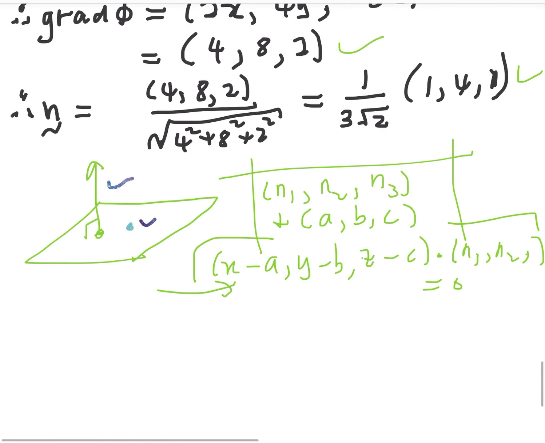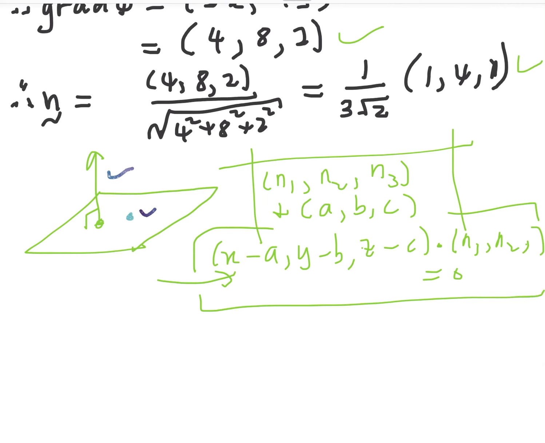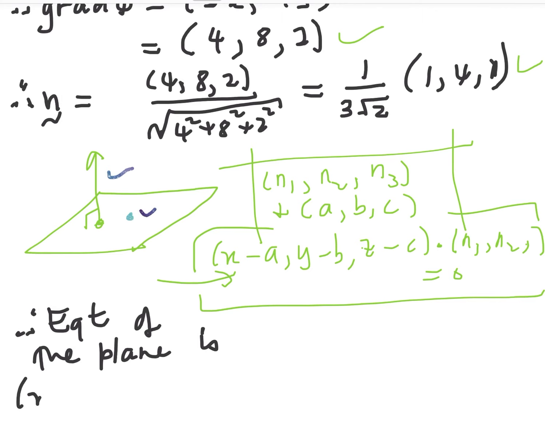So in this example, what this means is, therefore, the equation of the plane is x minus, we're now writing down the coordinates of the point, so it's x minus 1, y minus 2, and z minus minus 1, which is z plus 1, dotted with the coordinates of the normal, or a multiple of the normal.